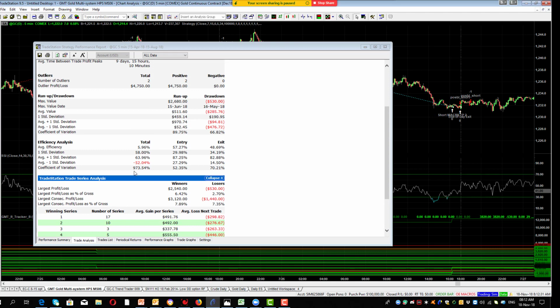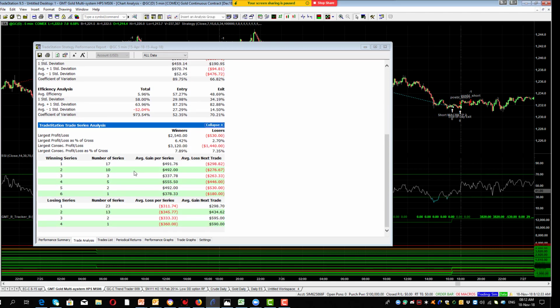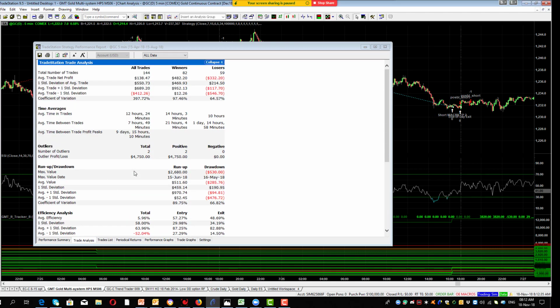If you had a system that had 10 trades and the average trade net profit for those 10 trades was say $60, and then you had one outlier which pushed it up to 140 or 150, then that would be a little bit of a concern. But we've got two outliers here, so it doesn't take up a large percentage of the overall profit. So that's something you always want to have a look at as well.